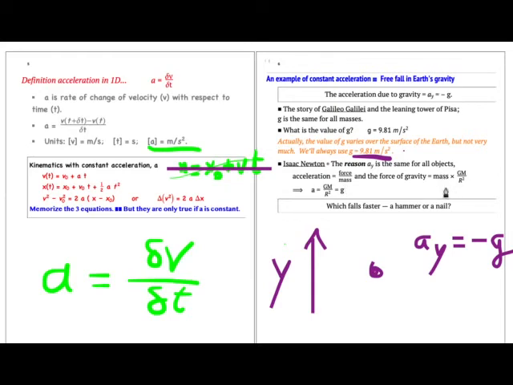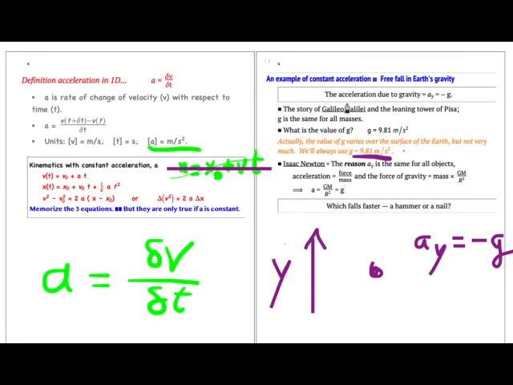Well, mass divided by mass, the masses cancel. So the acceleration is GM over r squared, for any object. It doesn't depend on the mass of the object. And that's the 9.81 meters per second squared of Galileo's constant acceleration.